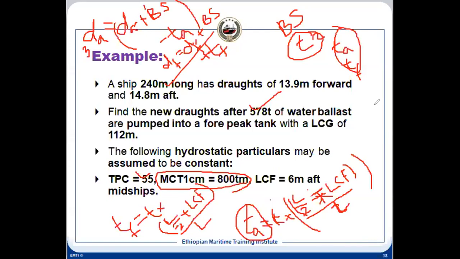How to calculate the final draft when you have added some mass on the ship? Whether it is ballast, whether it is cargo, any mass you add, if it is not at the LCF, there will be a bodily sinkage as well as trim. Both will happen. And this is the way we will approach this problem.